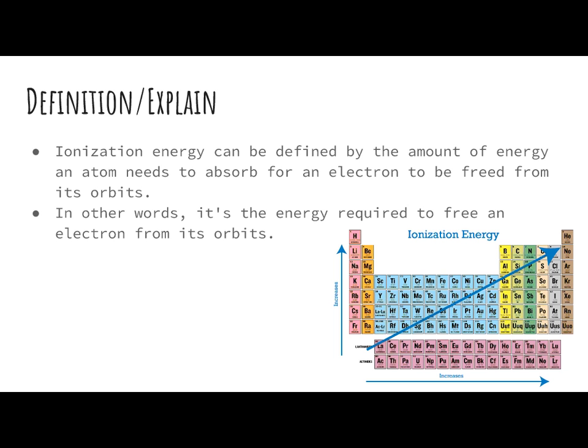Sodium is half filled, so it's less likely to be ionized because it's a stable state as compared to magnesium. No, that's a really bad example. Okay, so sodium compared to aluminum. So sodium, half filled, it's more stable, whereas compared to aluminum. So it's going to have a higher ionization energy because it's less likely to ionize or lose those electrons compared to aluminum, which is easily ionized and also easily.